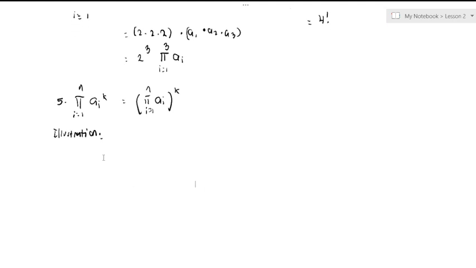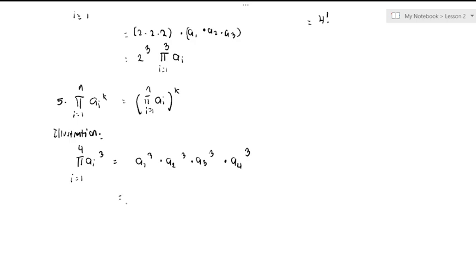we have, let's say, product of a sub I raised to 3, I equals 1 to 4. So this is a sub 1 raised to 3 times a sub 2 raised to 3 times a sub 3 raised to 3, a sub 4 raised to 3.